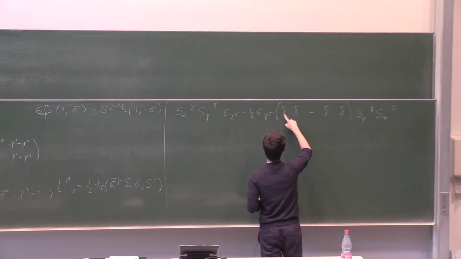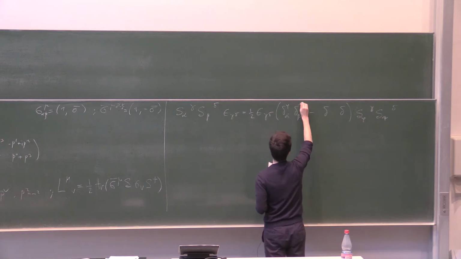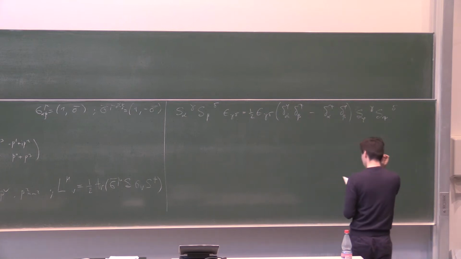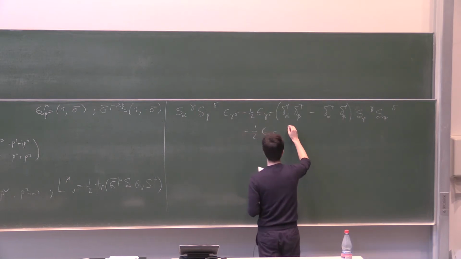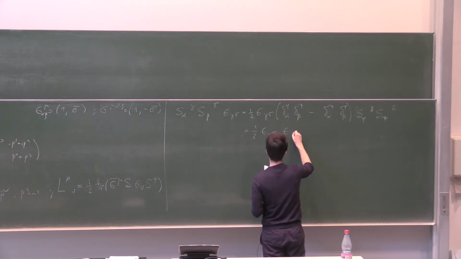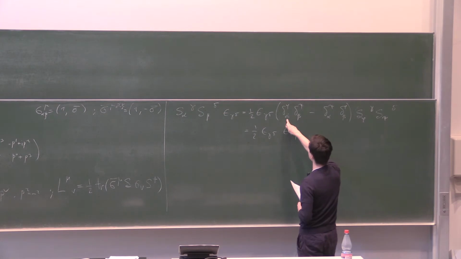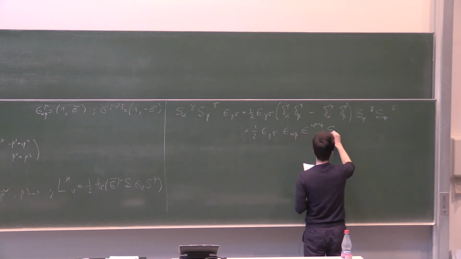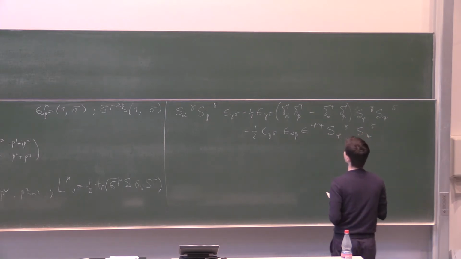So this will be alpha beta phi psi, alpha beta psi phi. Now you can notice that you can write this as, so this is antisymmetric with respect to alpha and beta, so you can just write it as that, phi psi, and now gamma and delta here.